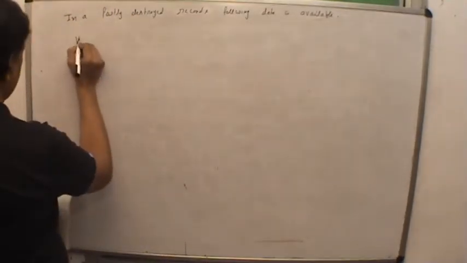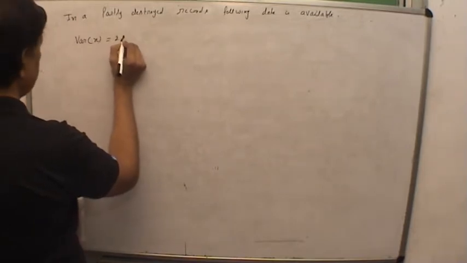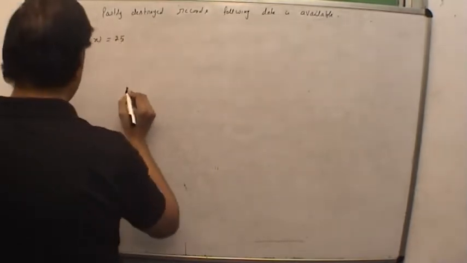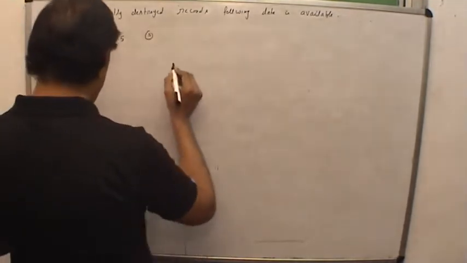Number 1, the variance of x is equal to 25. Number 2, regression line of x on y.